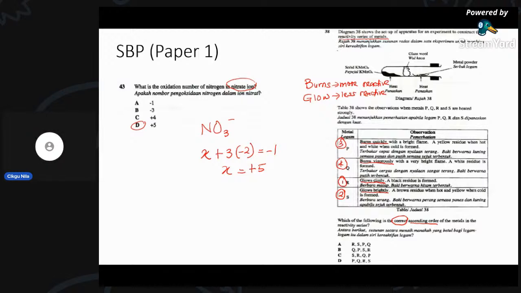This information is good enough for you to find the answer. So it should be RSPQ.